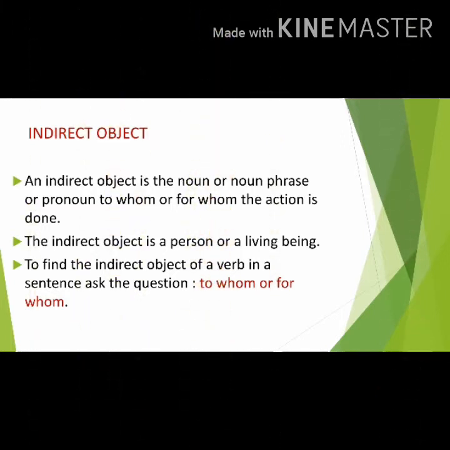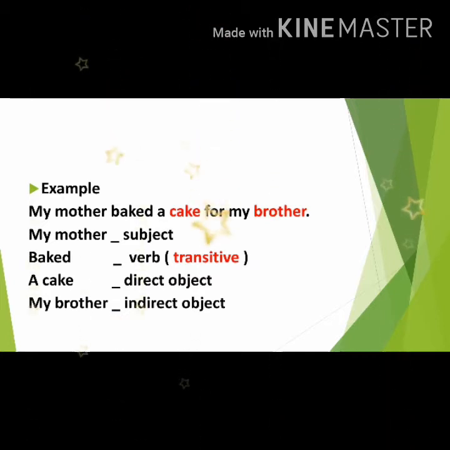For example, my mother baked a cake for my brother. In this sentence, baked is the verb denoting the action. To find the direct object of the verb, ask the question, what did my mother bake? We get the answer as cake.